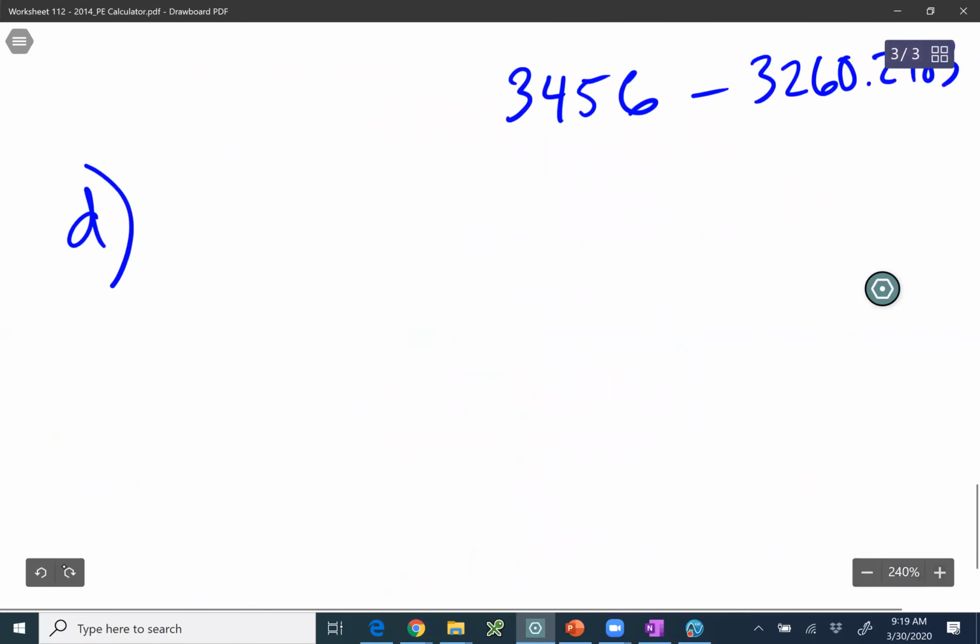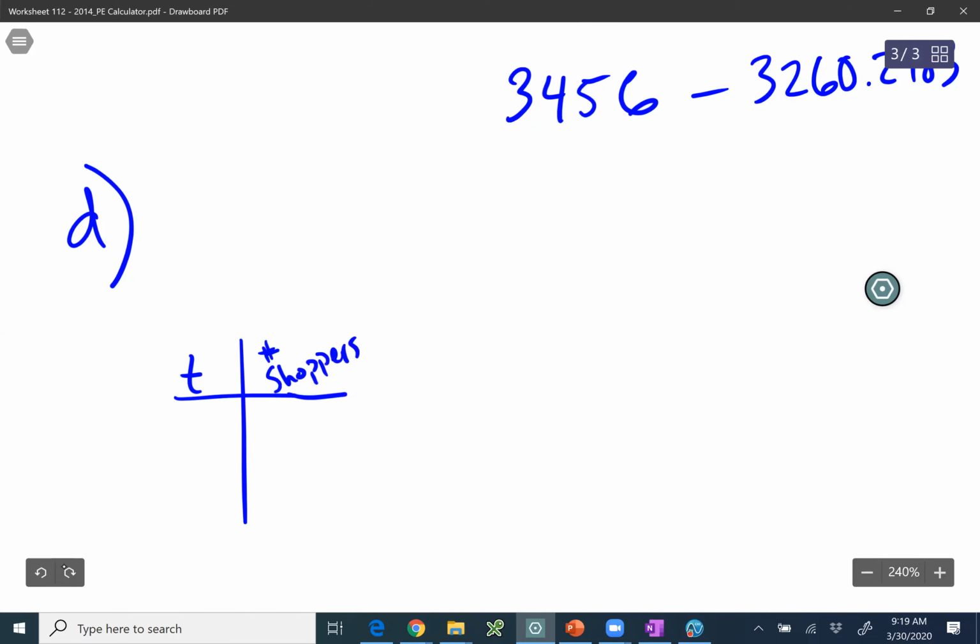So we know that at some point we're going to be making a table. We want the number of shoppers, so it's going to be T and number of shoppers. If you want to write amount like A of T, you could. On this one, and it's always worth 1 point, which is really nice, our rate in minus our rate out, or our derivative, is equal to 0.